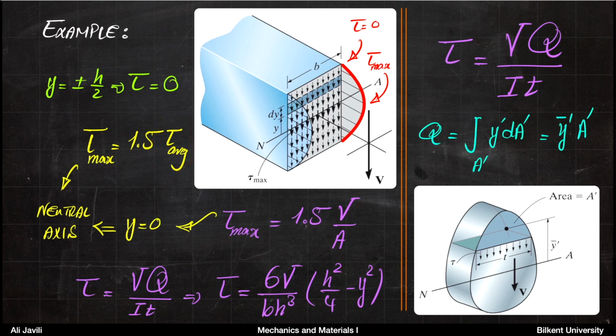So you can see that the maximum shear stress indeed is 50% larger than the average shear stress. So basically the shear stress is as shown in the figure. It's a quadratic function, 0 at the ends, maximum at the center, and that maximum is 1.5 times the average shear stress.